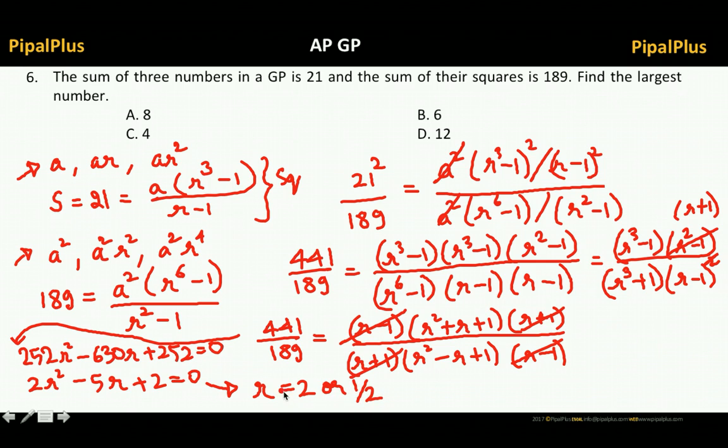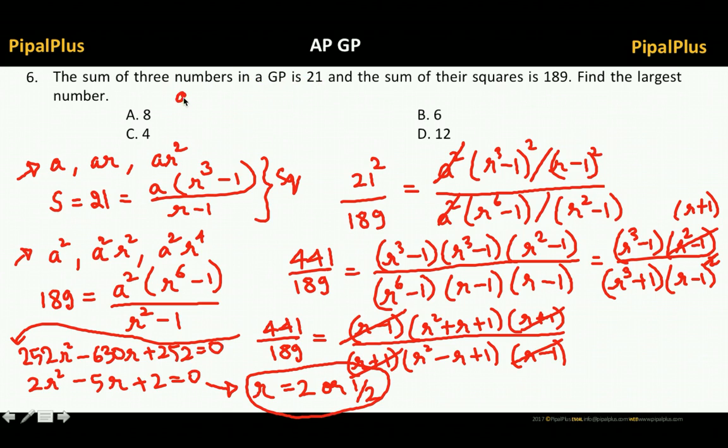Okay, so basically what I've done is I've simplified this complicated equation to find my values of r, which are 2 or half. Now I can apply this to find the value of a as well. Now what we know is that the sum of these three numbers is 21.